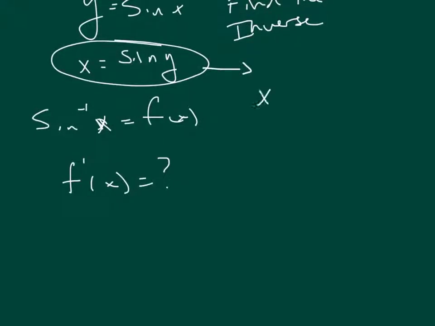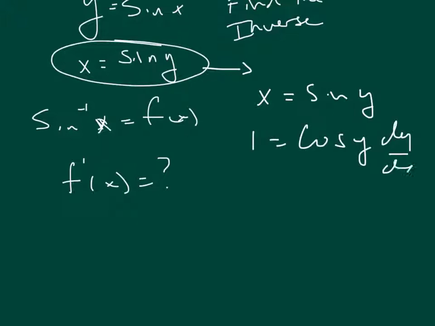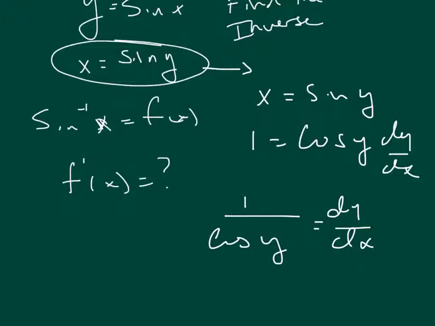So if we have x equals sine of y, which is the inverse, and we differentiate it, we get 1 equals cosine of y, dy dx, which we get dy dx is equal to 1 divided by cosine of y. So that's great. Okay, so that's the derivative.